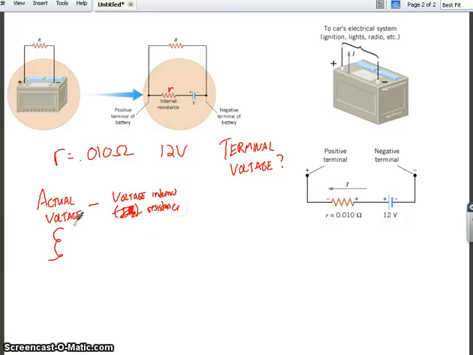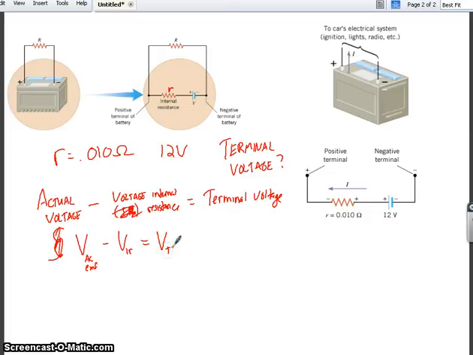Okay, so our actual voltage minus the voltage due to the internal resistance will give us our terminal voltage. So voltage actual or the EMF minus voltage due to the internal resistance is going to equal the voltage terminal.